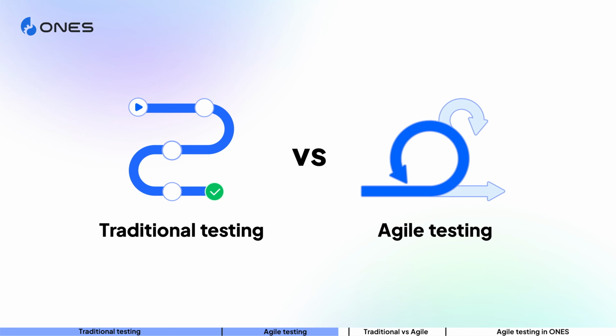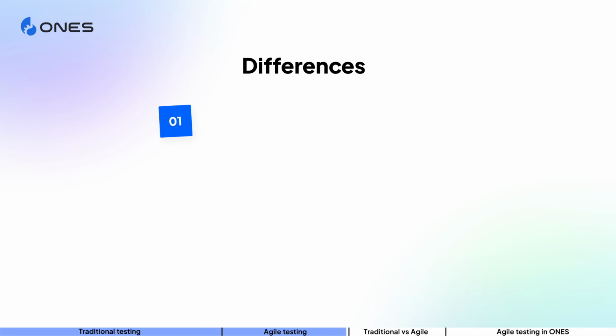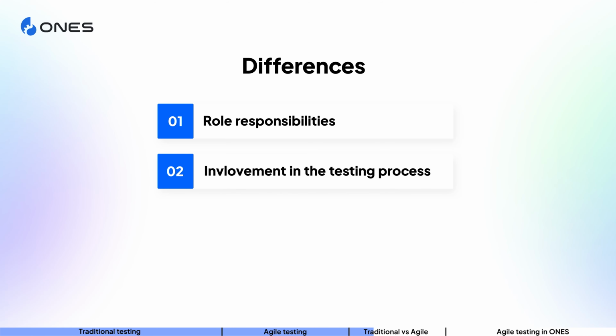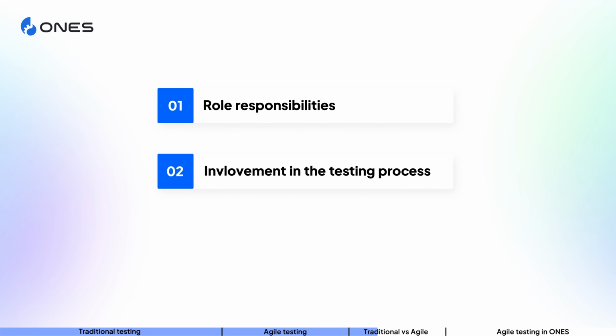Now let's look at the differences between the two testing approaches. Role responsibilities. First, the traditional testing team works independently, whereas the Agile testing team constantly communicates with other teams to validate their testing. Second, the involvement in the software testing process is different.